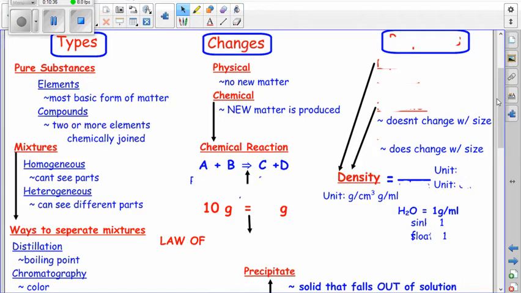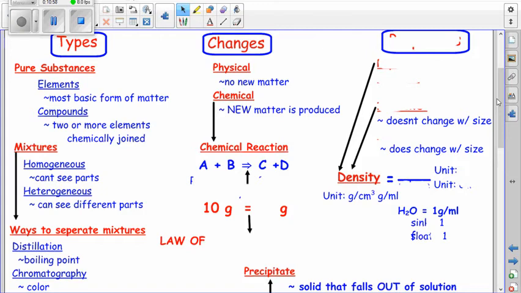Hey, Washburn, give me another one. Yeah, some sort of odor is produced. Like, ooh, that stinks. That's probably a chemical change. Hey, Daniel, give me another one. Color change. You got it. Oh, man, the three easy ones are taken. What about the rest of them? Ben, do you know another one? Precipitate is formed. Ooh, look at that.